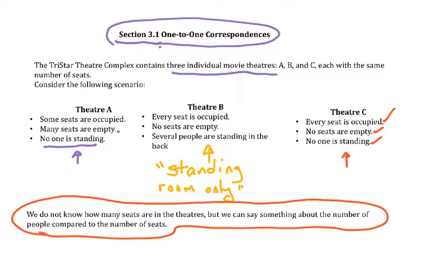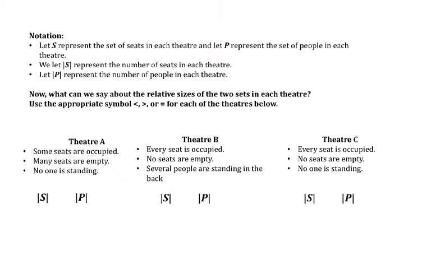But we do know something about the number of seats compared to the number of people. So we're going to introduce some useful notation. I'm letting S represent the set of seats, and I'm going to let P represent the people. Now we have some really useful notation that we have to learn.